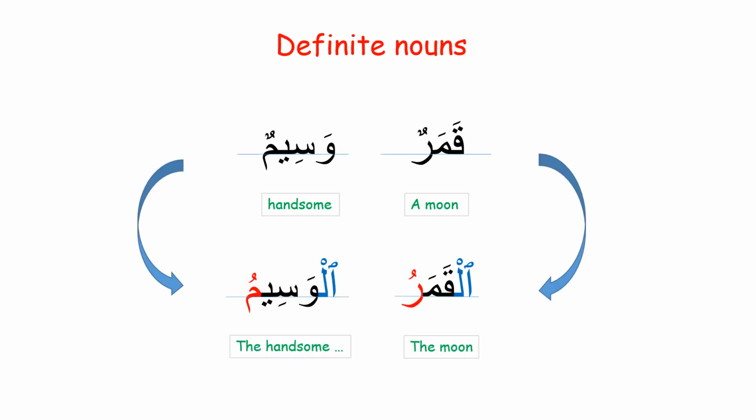Let's add the definite article, cancel the tanween and read these words again. Listen up please. القمر, الوسيم. Can you hear the sound of the fatha that comes with Hamzatul Wasl? القمر.